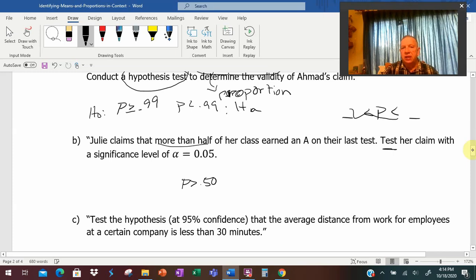Test for a proportion, because I'm talking about a piece of the whole. And then for the hypothesis test, I would do the complement of this. Here's my claim. Less than or equal to 0.50 would be my complement. I would find my H0, the one with the equal, so I would assign H0 here, HA there. Right tail test.